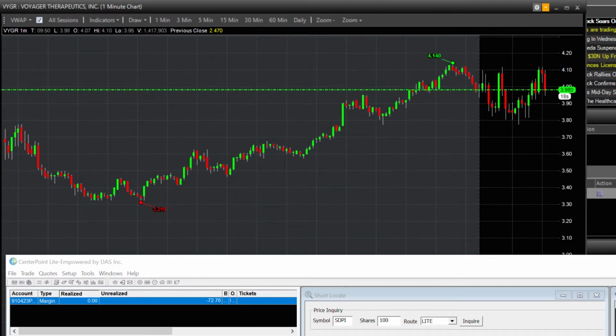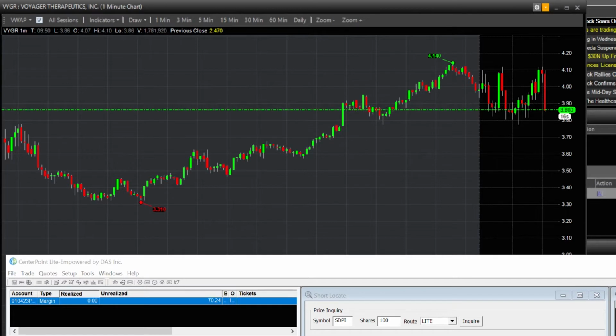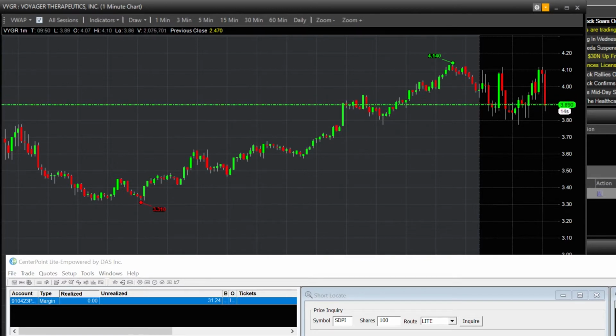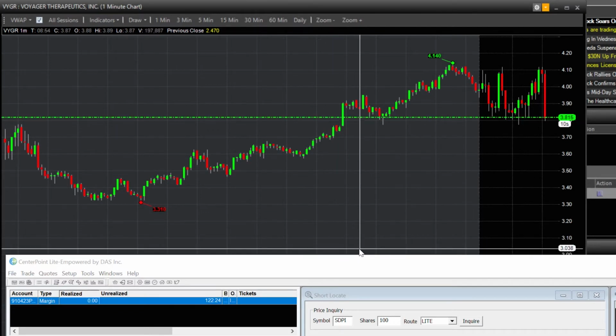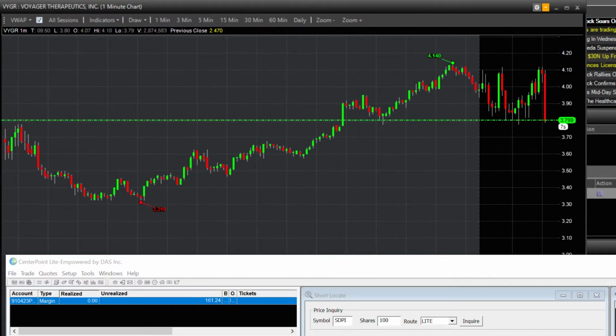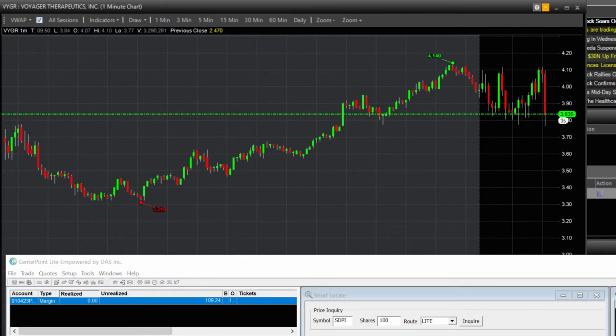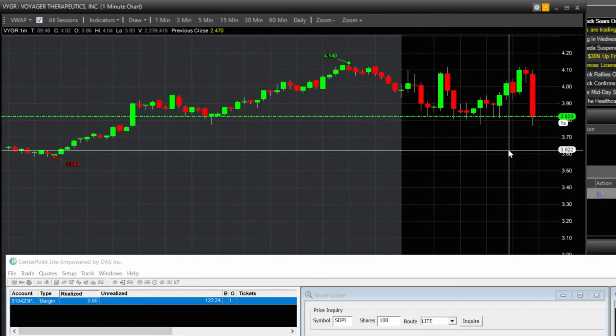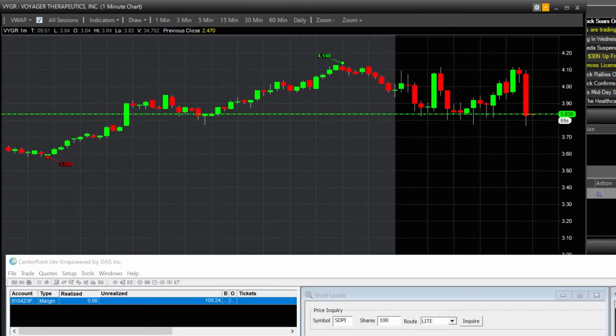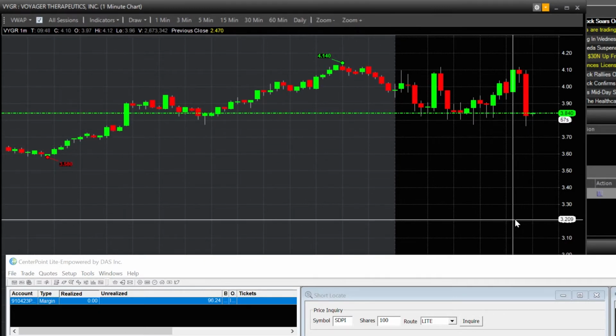That's actually a very nice pullback. Very nice pullback. And I'm back to green. And up $170. Let's see, now it has to close really strong. And it did.